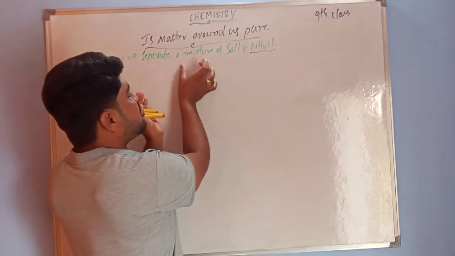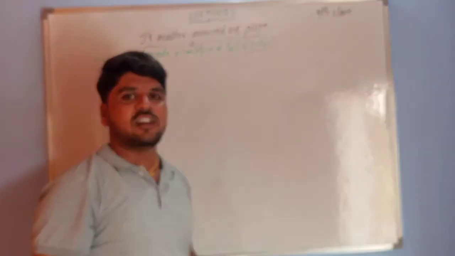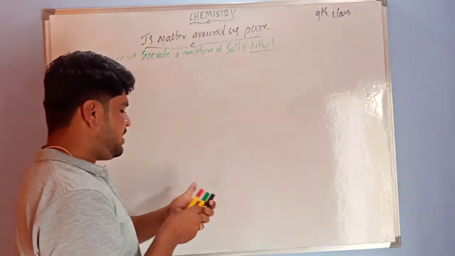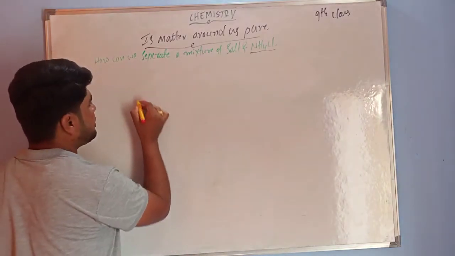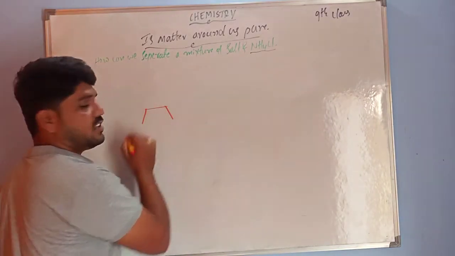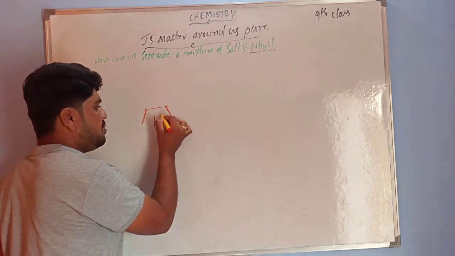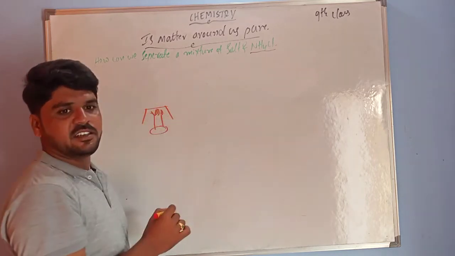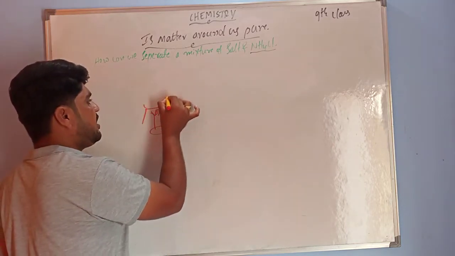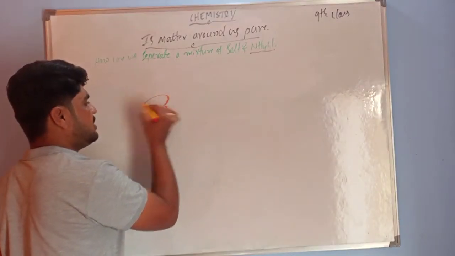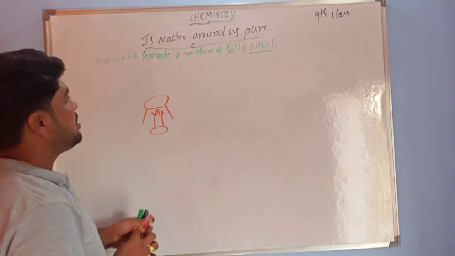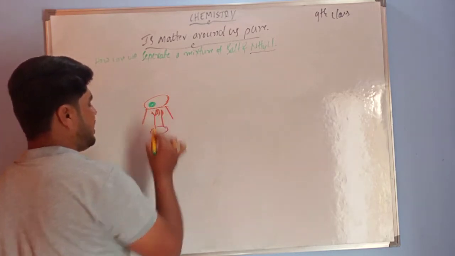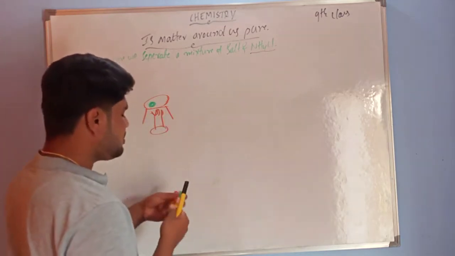At the time of the mixture of salt and ammonium chloride, how can we separate them? Simply take a stand. In that stand, I am taking a Bunsen burner for giving heat. Now take a watch glass. In this watch glass we have a mixture of ammonium chloride and salt.